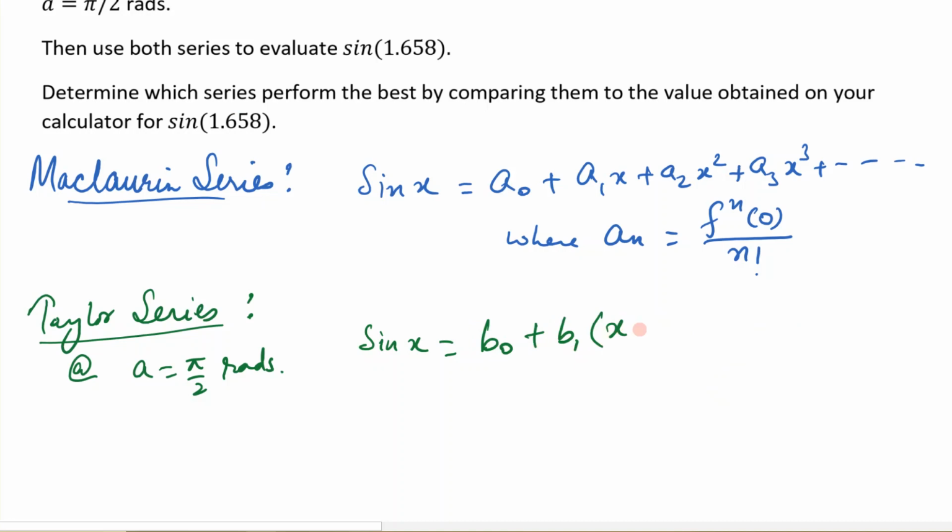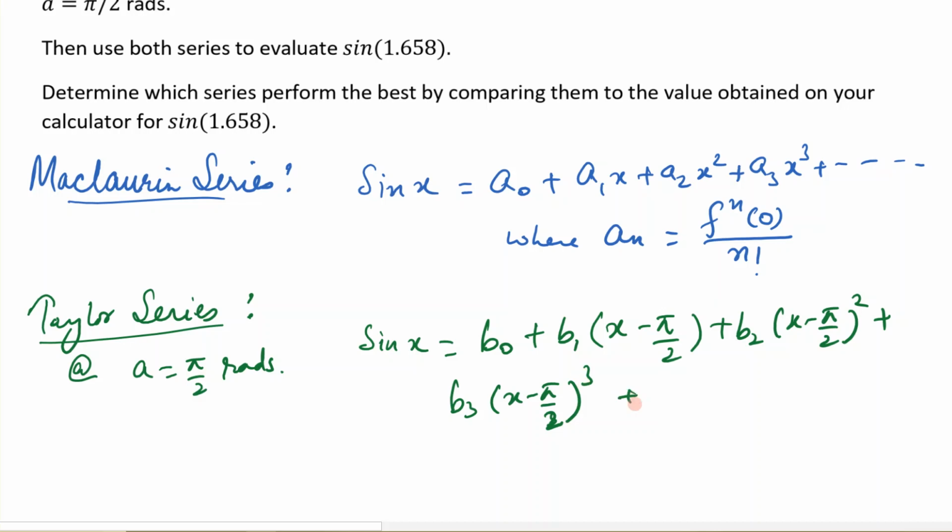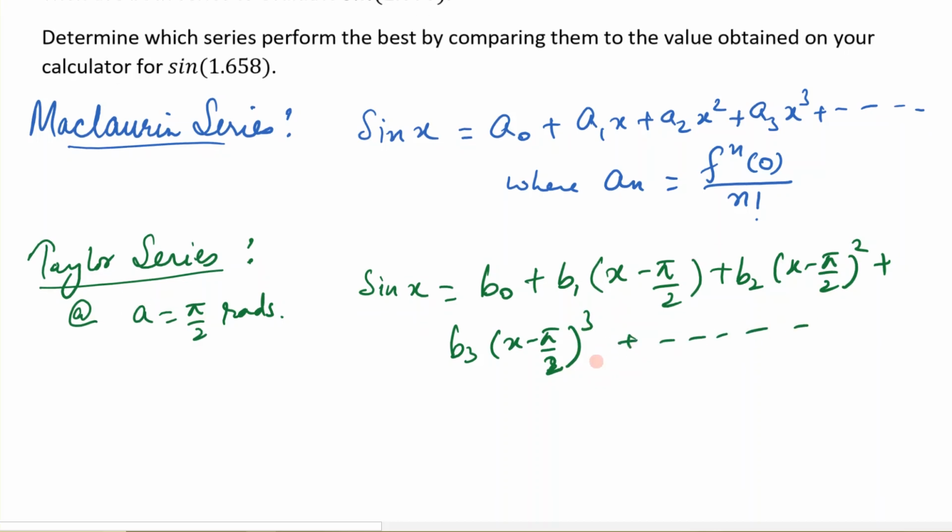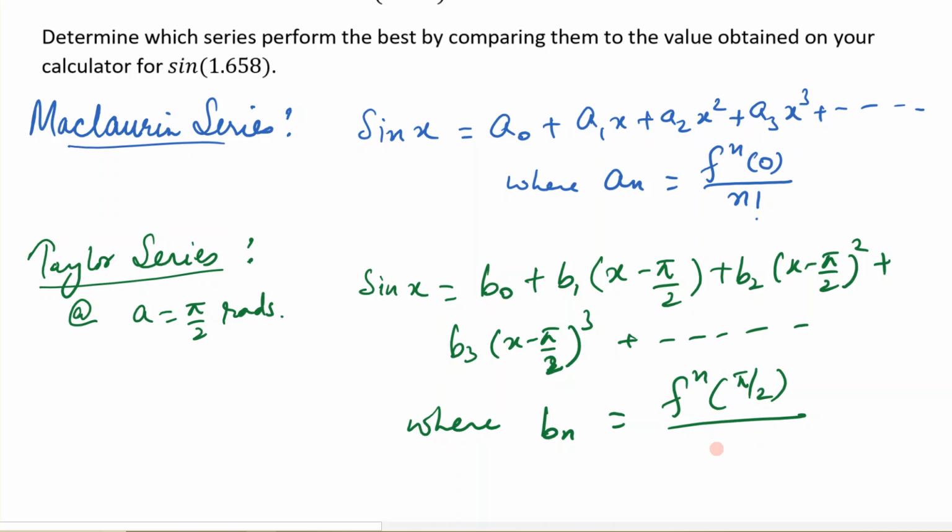Instead of x we have x - pi/2 because we are expanding around pi/2, so b0 + b1(x - pi/2) + b2(x - pi/2)^2 + b3(x - pi/2)^3 and so on, where the constants bn are calculated as the nth derivative at pi/2 over n factorial.